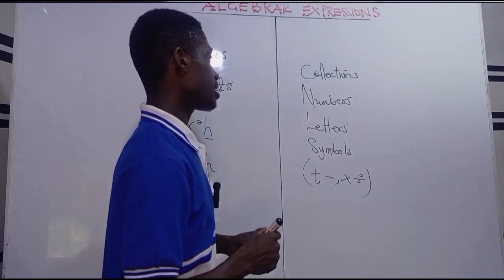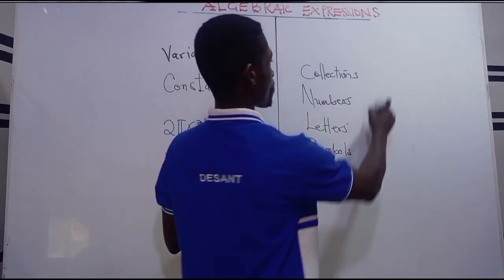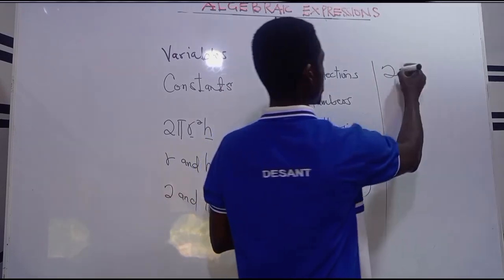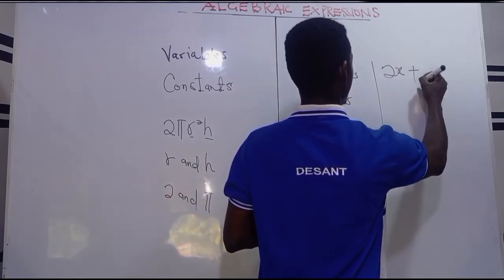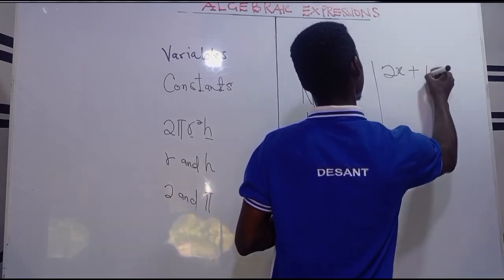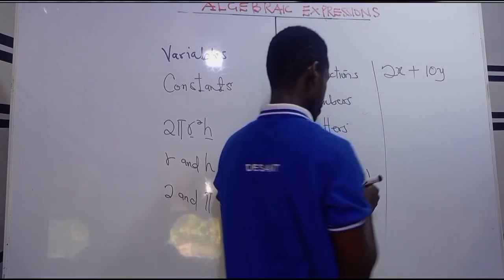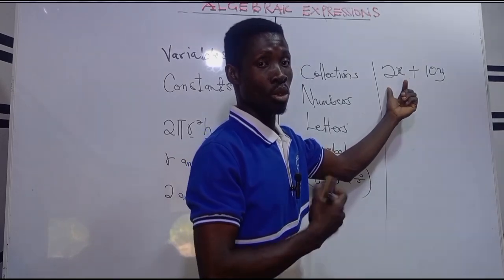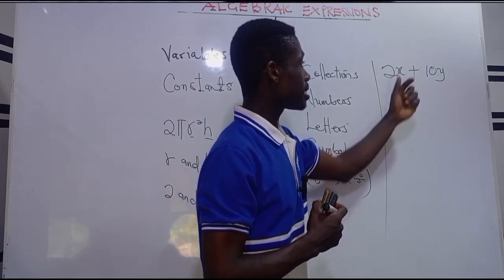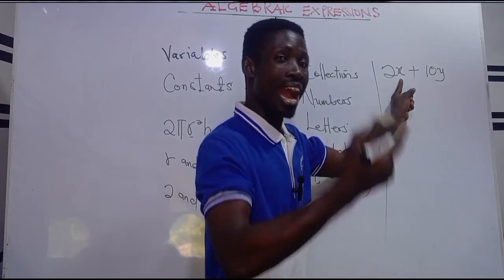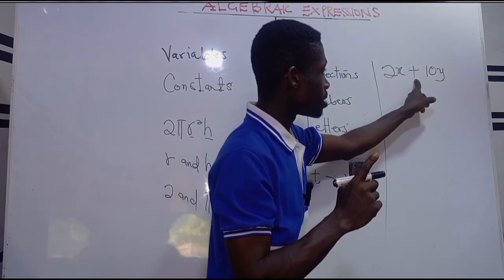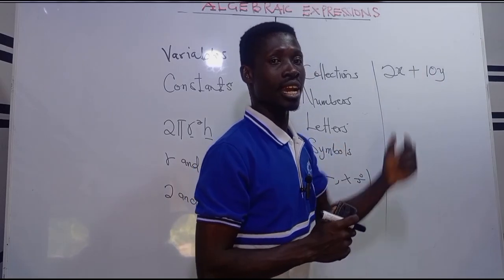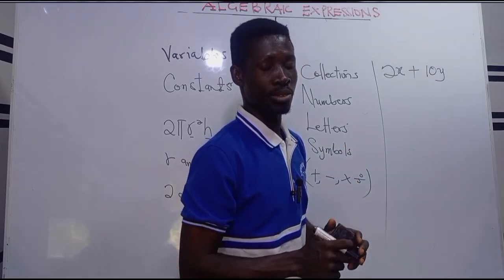So when you have, let's say, 2x plus, let's say, 10y. This can be considered as an algebraic expression because it contains numbers, letters, combined with at least one of the operational signs, which is addition. So this is a classical example of an algebraic expression.